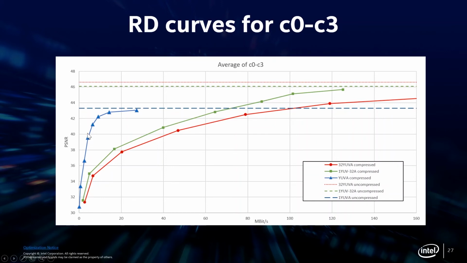If I want to achieve that same quality level using the 1 YUV 32 alpha format in green, I have to spend more like 25 megabits a second. And if I want to use the 32 YUV alpha format, which is the biggest one, I have to spend more like 42, 45 megabits per second. So this is saying that for real-world data rates, the 1 YUVA format is the way to go.